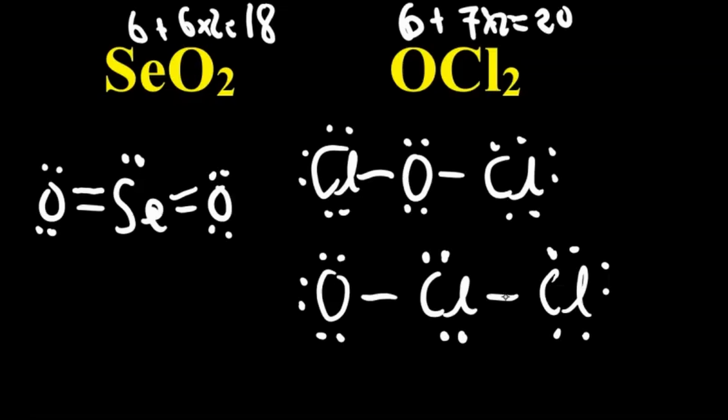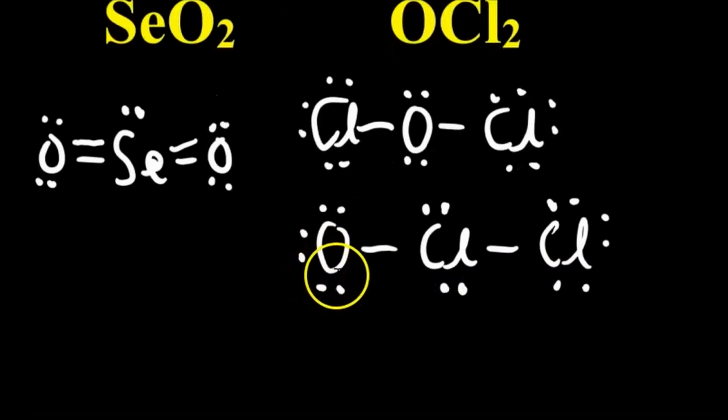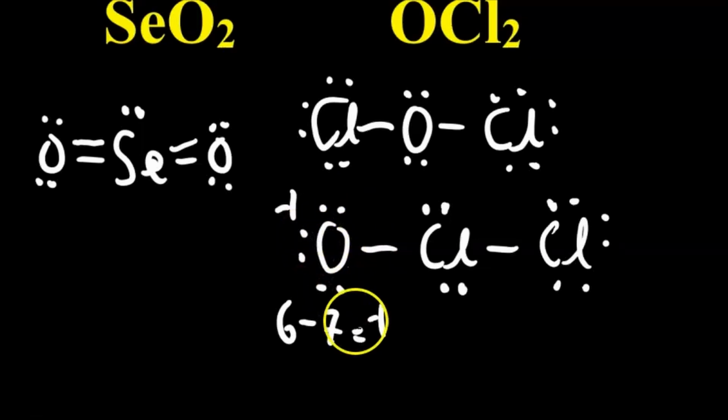And if we do this, everybody has a complete octet, right? Everyone has a complete 1, 2, 3, 4, 5, 6, 7. This oxygen is negatively charged. That would be our next step. Step 3 is to calculate the charge. We expect there to be 6 on this oxygen. It actually has 7 because there's 6 non-bonding plus 1 in the bond. So 7 owned electrons, -1.